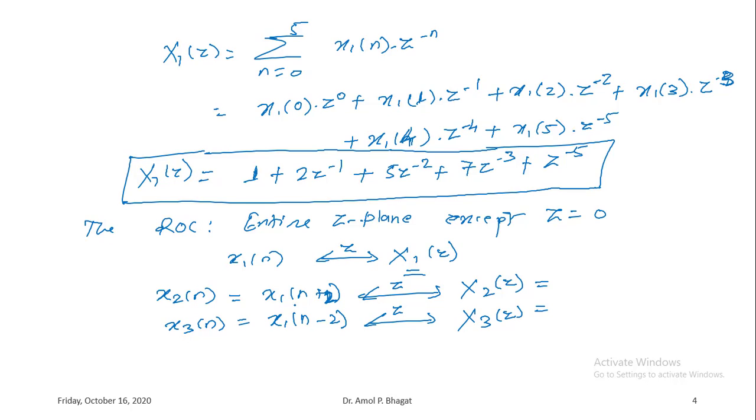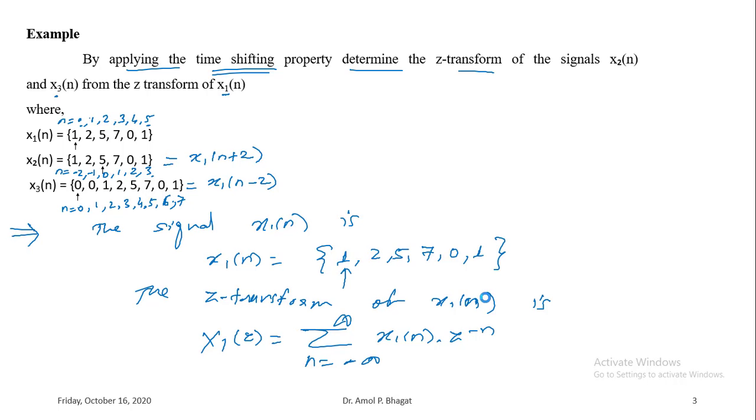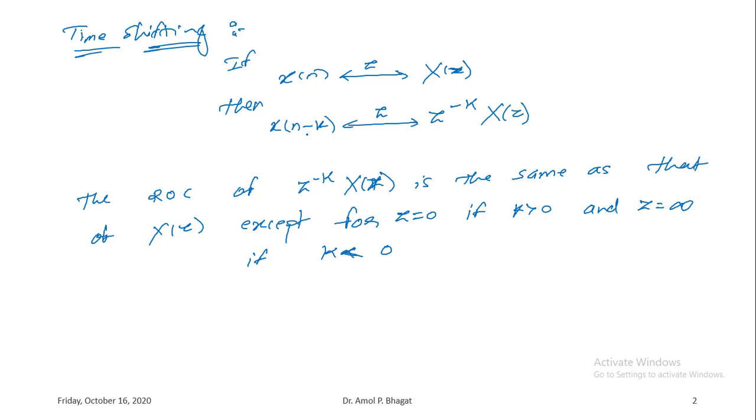So as per the time shifting property, if it is delayed by k samples, that means if you are identifying the z transform of x of n minus k, you are multiplying the z transform of x of n with z to the power minus k.